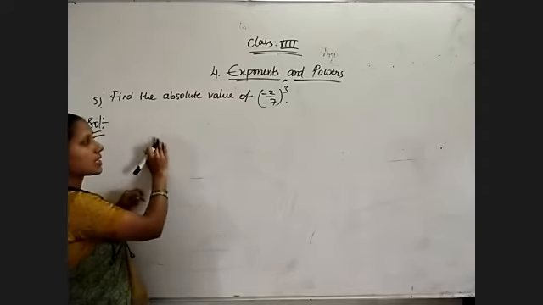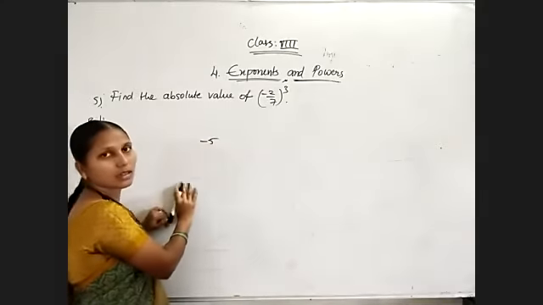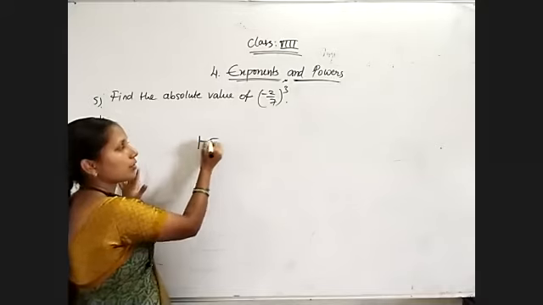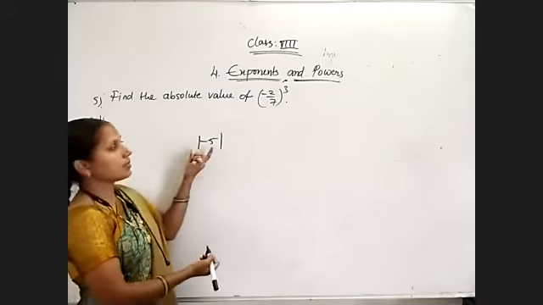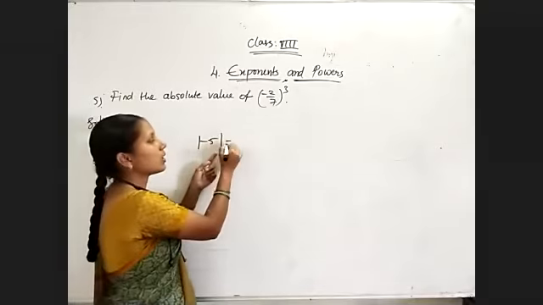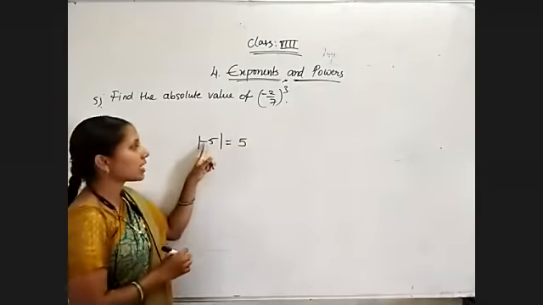See, suppose I have a number -5 and I want its absolute value. Absolute value is denoted by the mod symbol. Mod of -5 means the absolute value of -5 is equal to just its numerical value, irrespective of its sign.